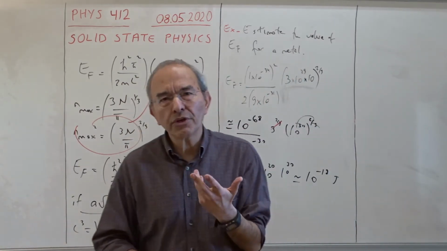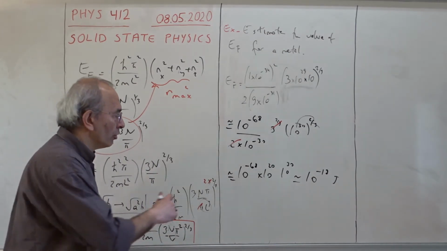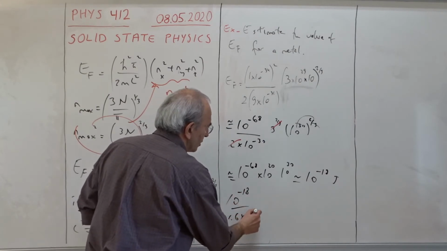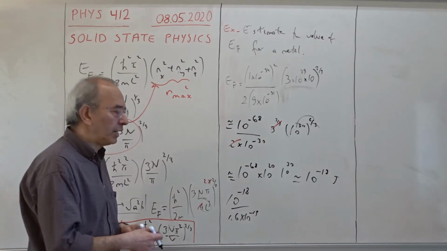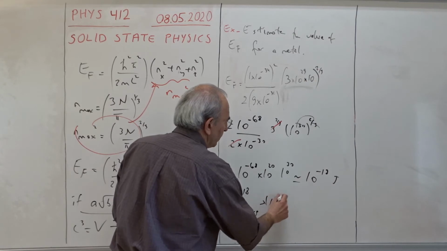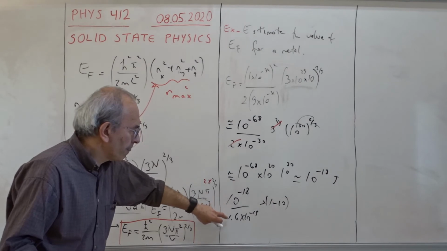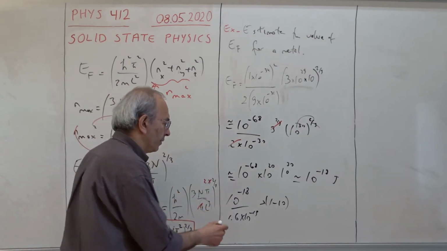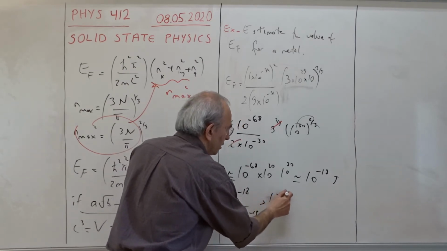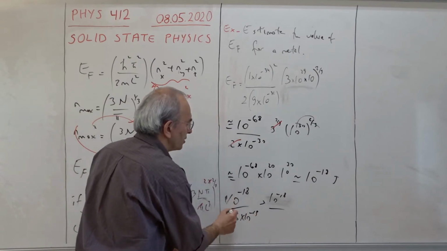But if you are talking about electrons, protons, some other atomic particles, subatomic particles, of course joule is too large. Instead we use electron volt, and we know the conversion factor, it is the charge of the electron. So if you divide 10 to the minus 18 by 1.6 times 10 to the minus 19, which is the charge of the electron, then the result is approximately, let's say, maybe 1 to 10. 1 and 1.6 are not too different.